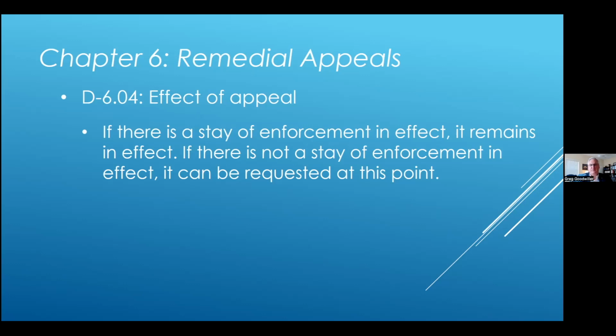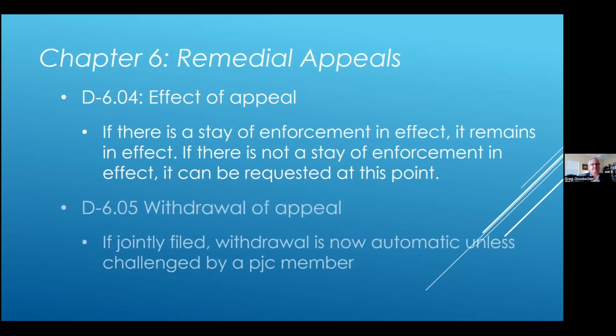So if there was a stay of enforcement in effect and a notice of appeal gets filed, then the stay of enforcement is still in effect, even if that side lost, but that's being appealed. Then you still stay until the final action is taken. Very clear on that.